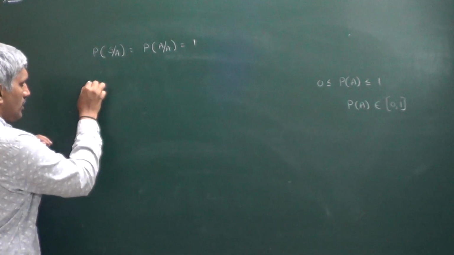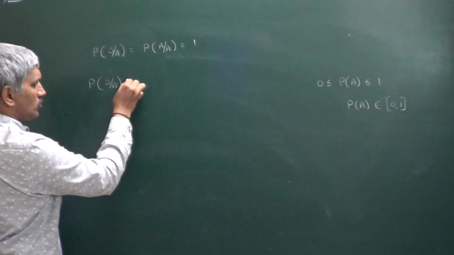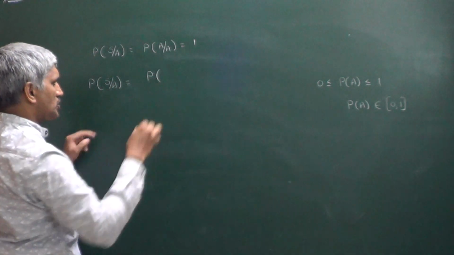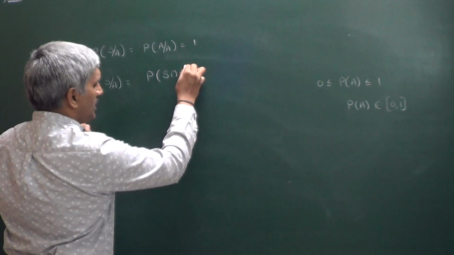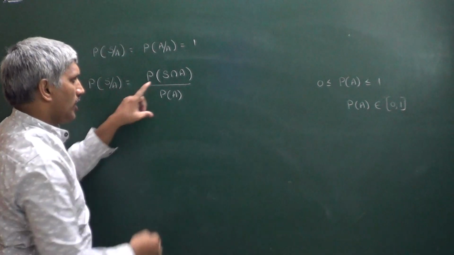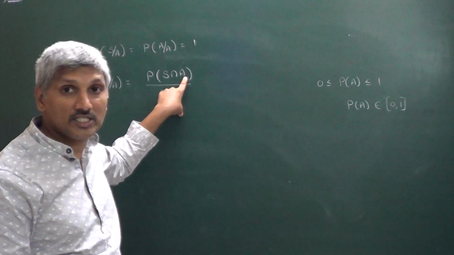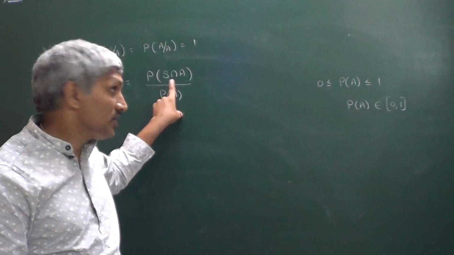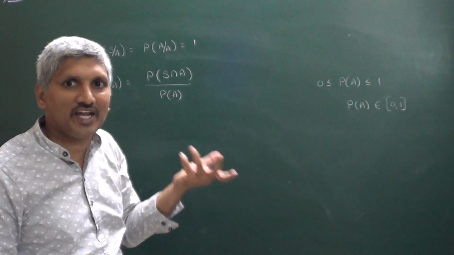Observe here, P of S by A, according to the conditional probability definition, we can write as P of S intersection A divided by P of A. Now S is the sample space, like the universal set, and A is a subset of S. Now S intersection A, what will we get? A only.